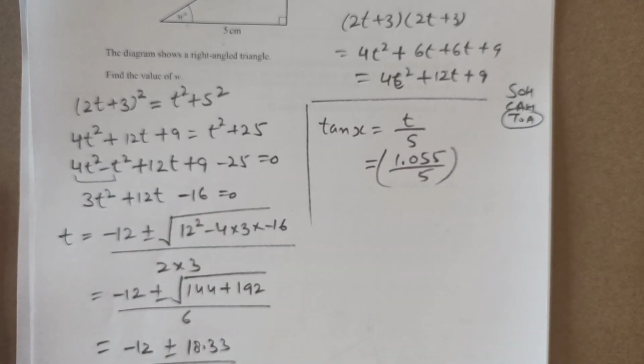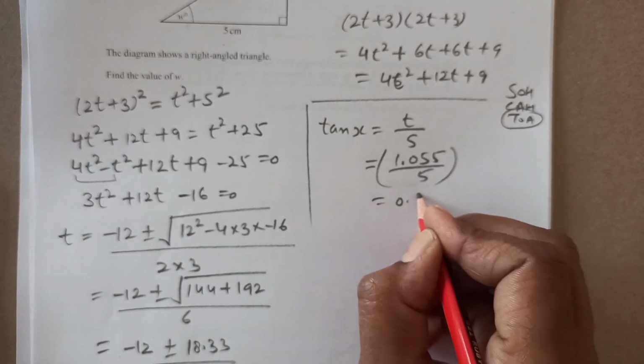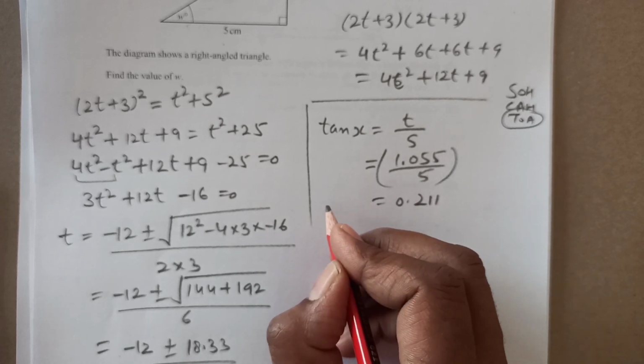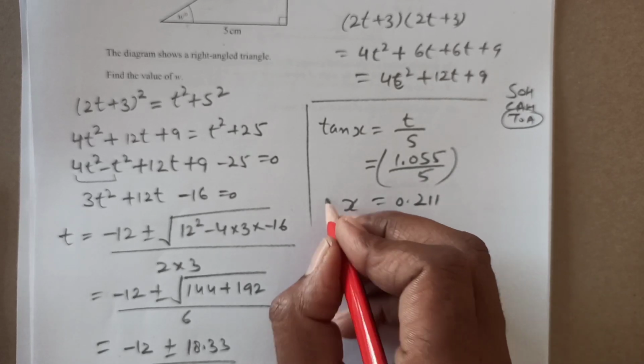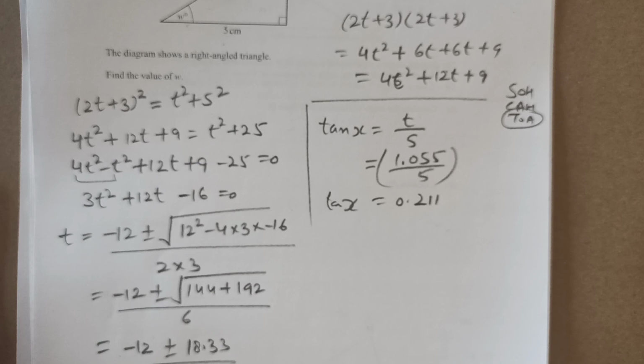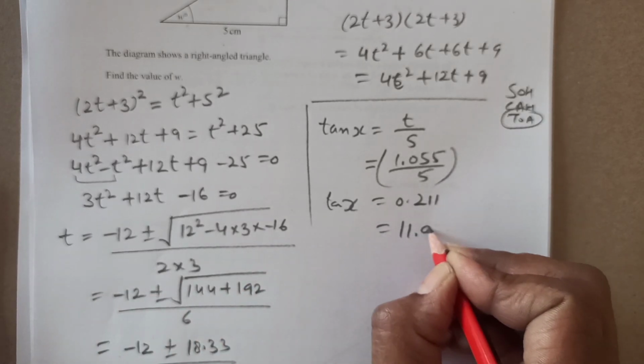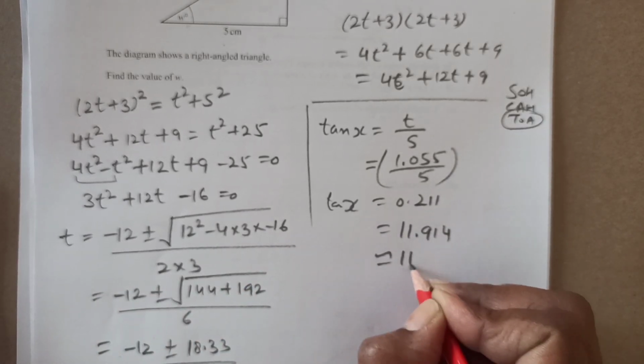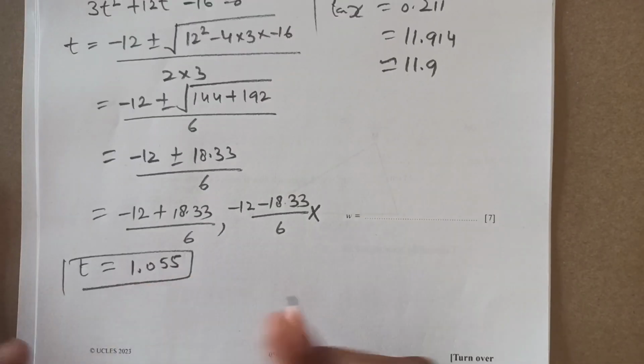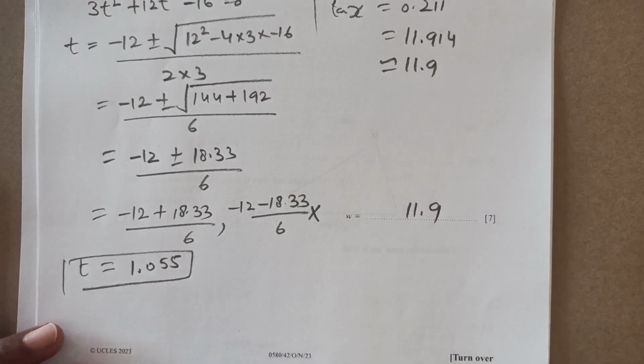So 1.055 divided by 5 gives you 0.211. So applying tan inverse, tan inverse of the answer is 11.914, so approximately 11.9, to 3 significant figures, right?